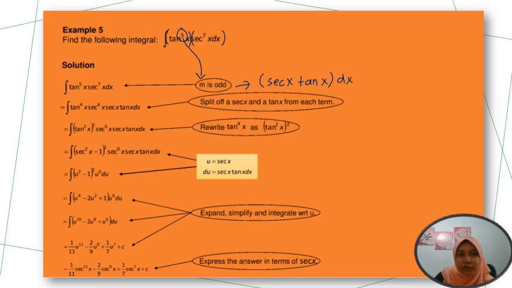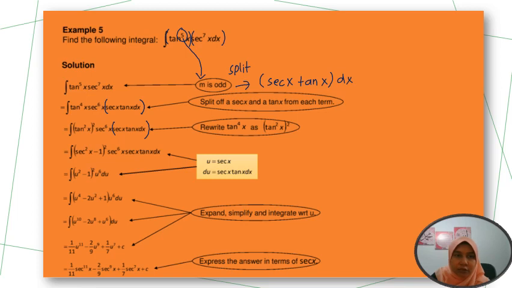So you have to modify this function. So tangent x power of 4 times secant x to the power of 6 times secant x tangent x dx. Then you have to rewrite this function, tangent x power of 4 as tangent x square squared.